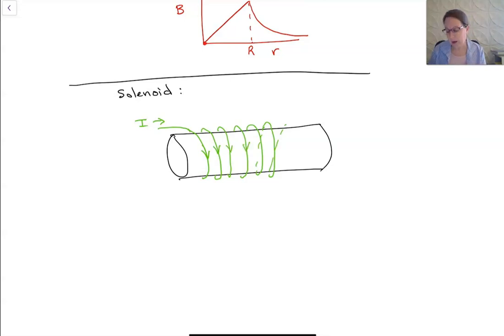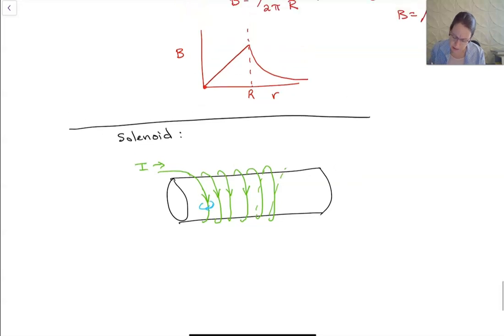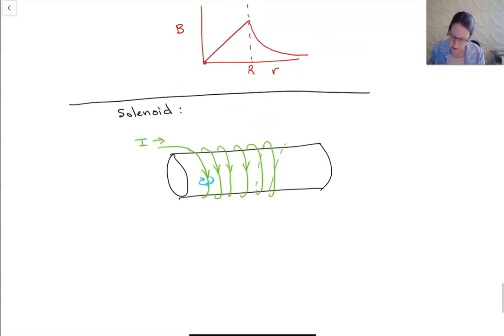And so first we can ask the direction of the magnetic field. And so if we take our right hand thumb, pointing down along the wire in front of our screen, then when the fingers get towards the inside, the magnetic field right around any one of these is going to loop like that. And on the inside, it's going to go like this, and then this one is going to loop like that.